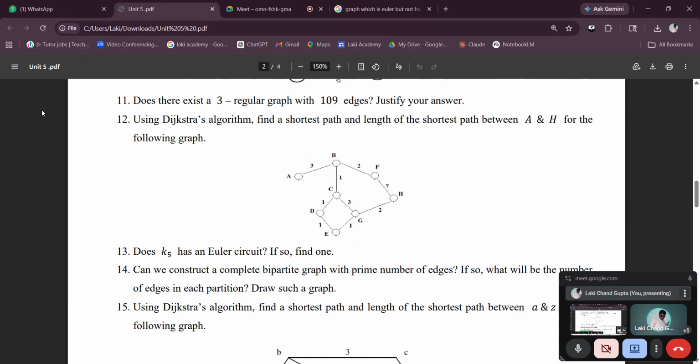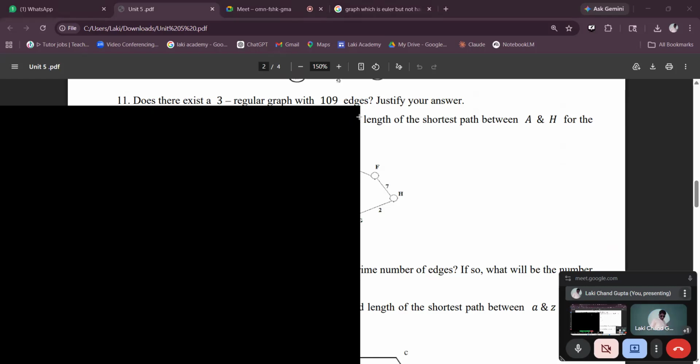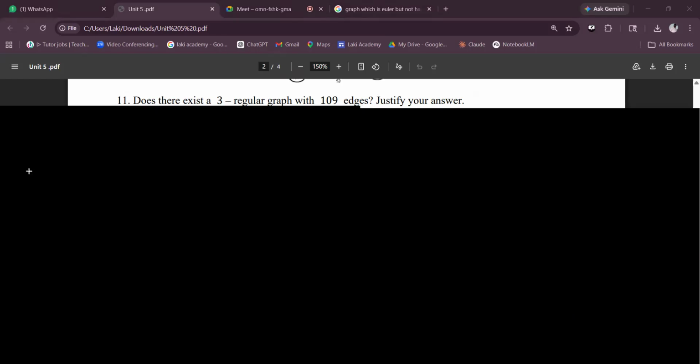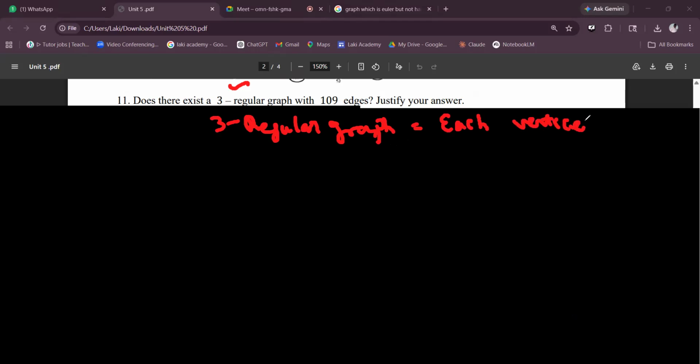Let's see how many edges there are. Three regular graph means what? I already told you what a regular graph is. Each vertex has degree 3.